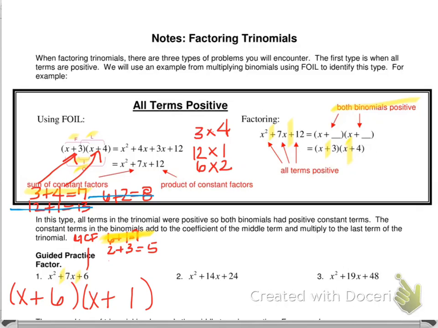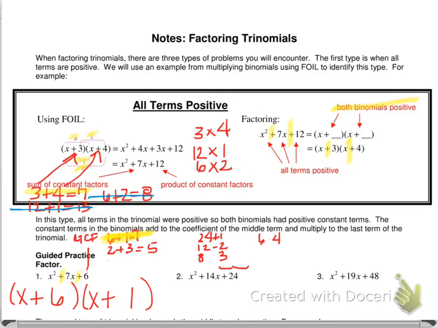Example number 2. Again, all my terms are going to be positive. The factors of 24 are going to be 24 and 1, 12 times 2, 8 times 3, 6 times 4, and I think that's it. Now, which of those can I add together to get 14?